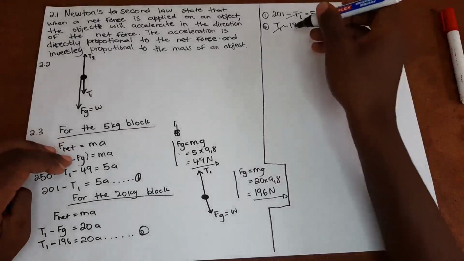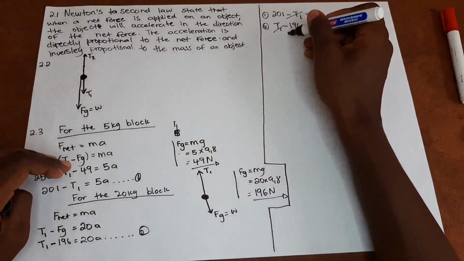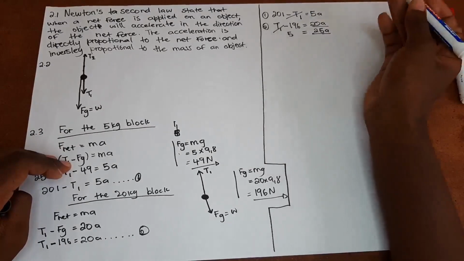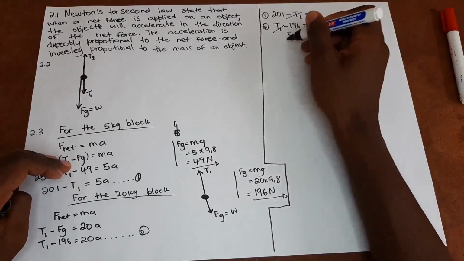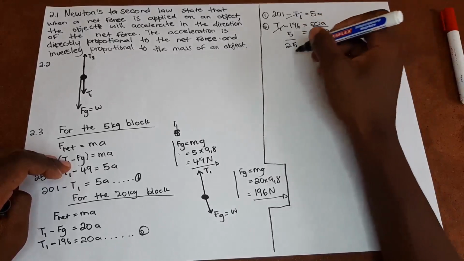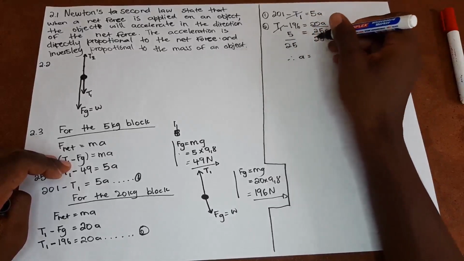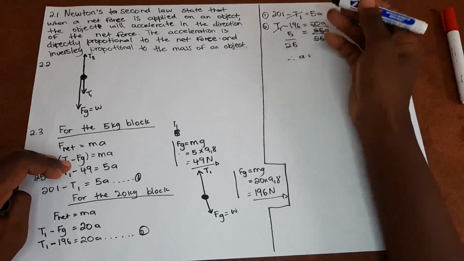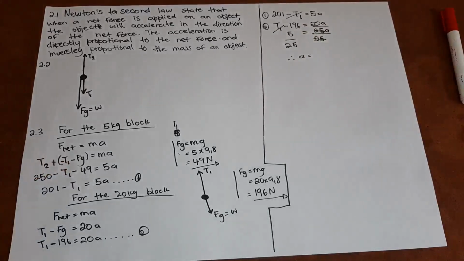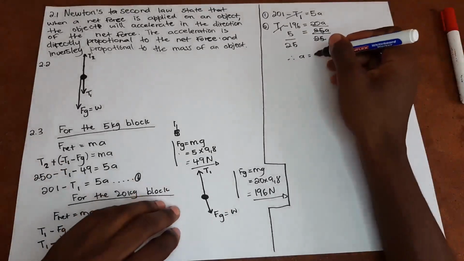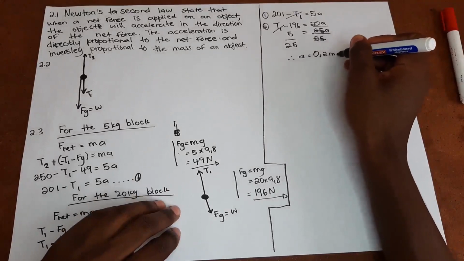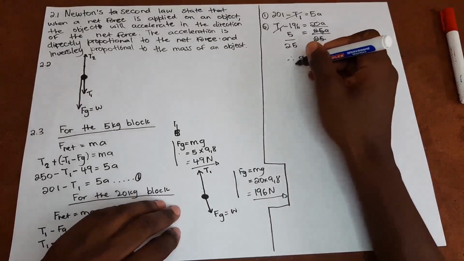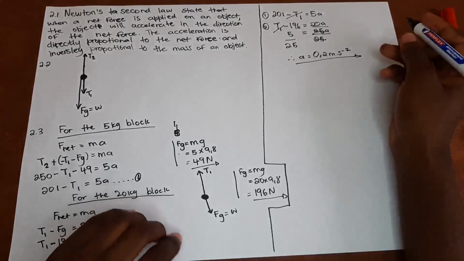So our answer is 5 over 25, therefore our A is equal to 5 divided by 25. This becomes 0.2 meters per second squared. That's how it goes.